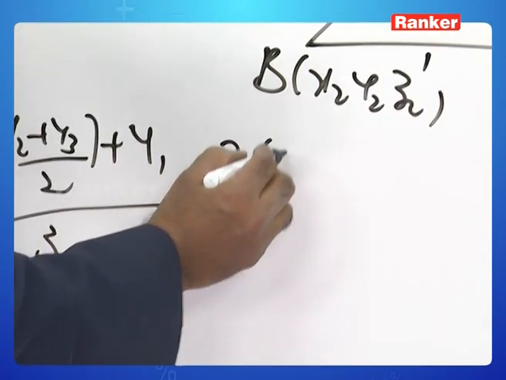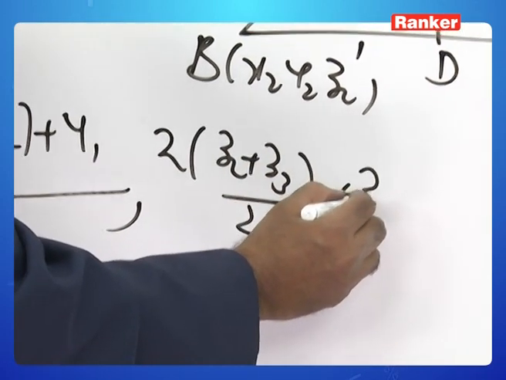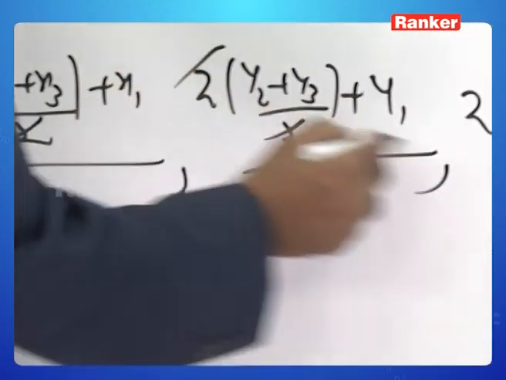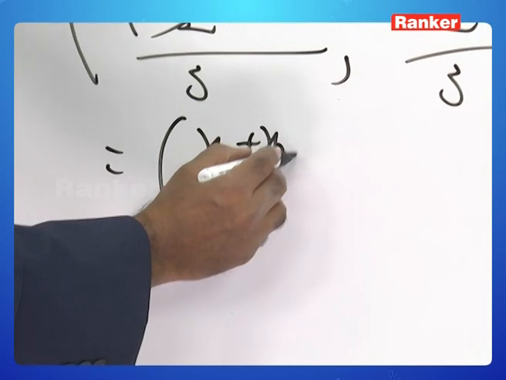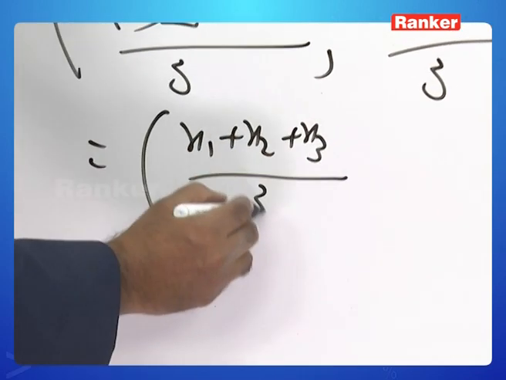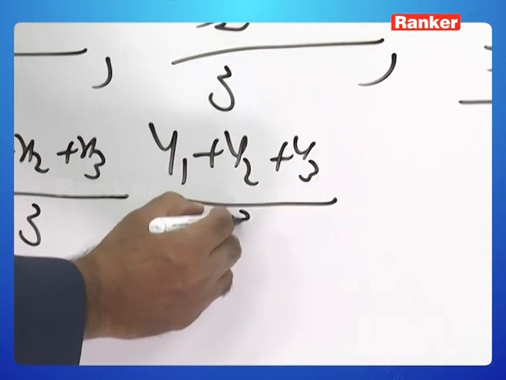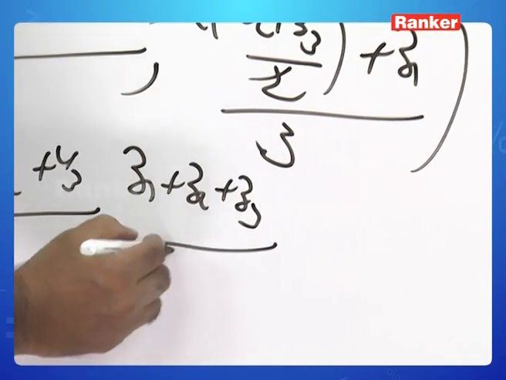Next, 2 into z2 plus z3 by 2 plus z1, whole divided by 3. Now the 2s cancel. Therefore, this is nothing but x1 plus x2 plus x3 by 3, y1 plus y2 plus y3 by 3, z1 plus z2 plus z3 by 3.